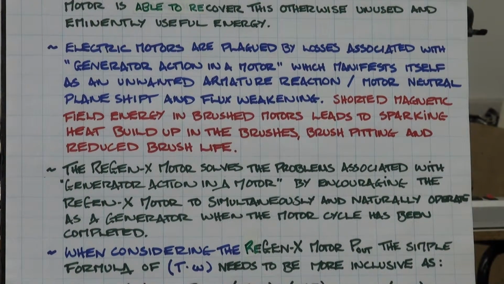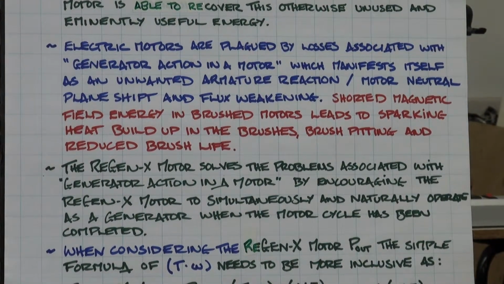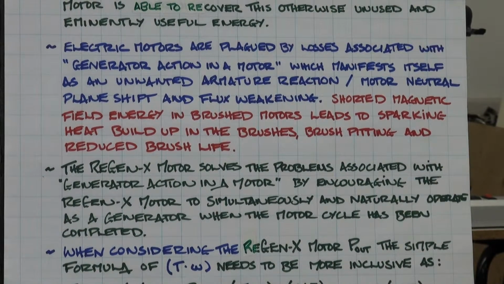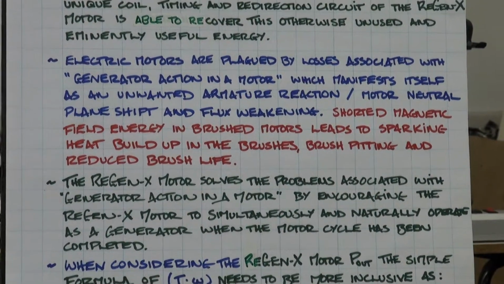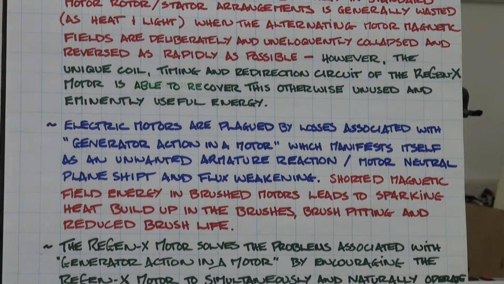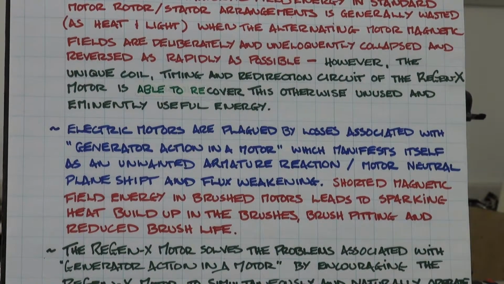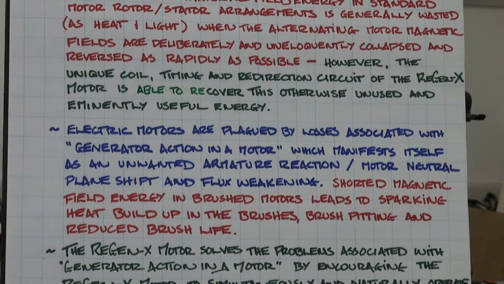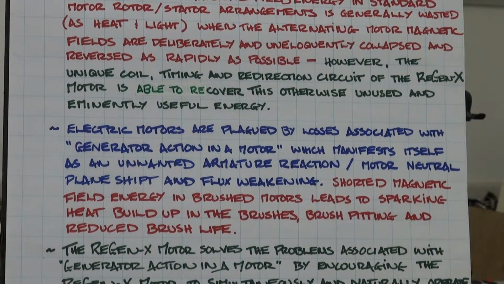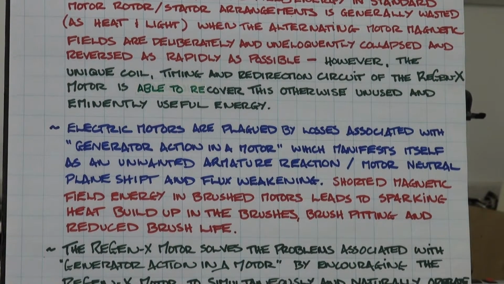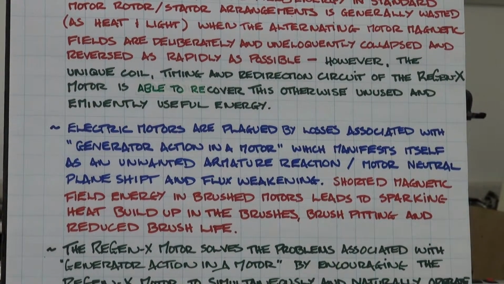So, however, when we consider the Regen X motor, the coil design, timing, and redirection circuit of the Regen X motor is able to recover this otherwise unused and eminently useful energy in the form of magnetic field energy.